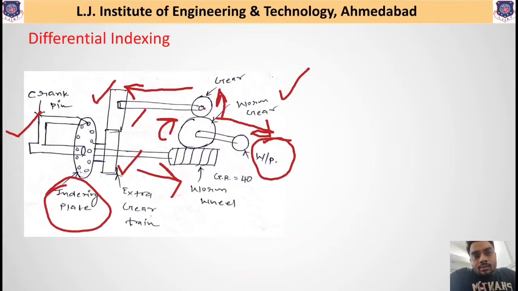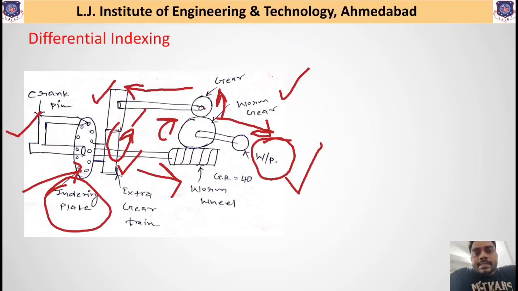Now this gear will also rotate, and the rotation of this gear is directly applied to this indexing plate, and the rotation of this indexing plate further rotates the workpiece as per the gearing ratio available.